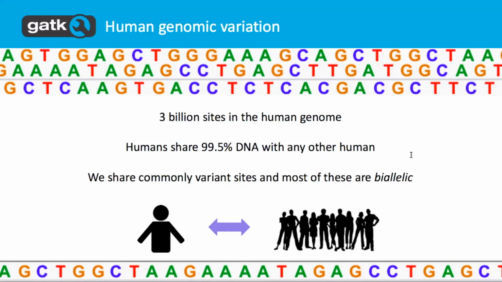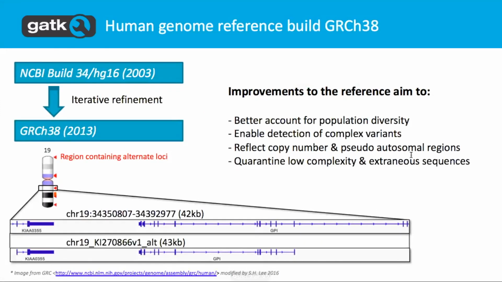Most of the variation in the human genome and in each particular one of your samples will actually be at the common sites, and it will be shared between individuals, and only a small proportion will be from de novo variants or rare variation. So how do we actually represent the variant calls for one particular sample?